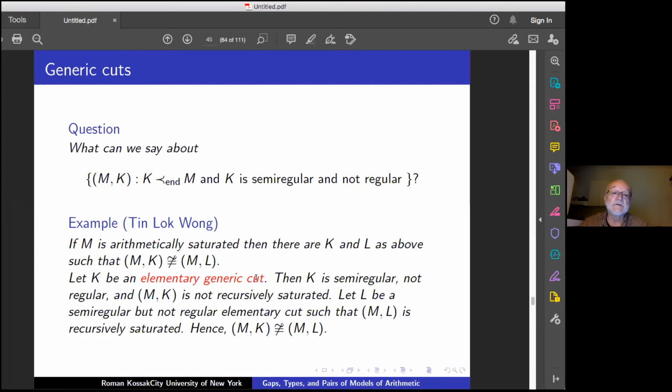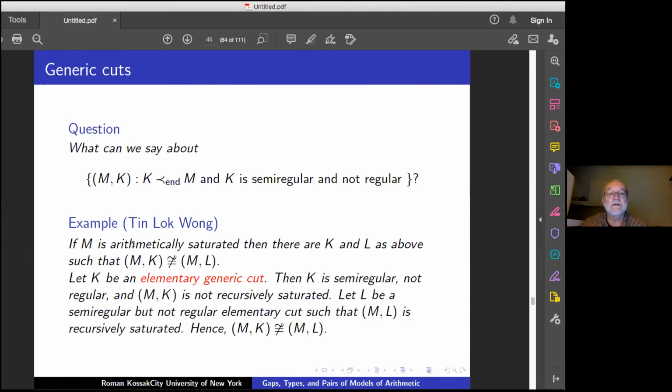But anyway, those generic cuts exist. The criteria are: any 2 generic cuts are conjugate, so there is an automorphism that carries one to the other, but you also want to have many of them. In the topology that they define, they want the set of generic cuts to be comeager, and they have cuts which satisfy those 2 requirements.